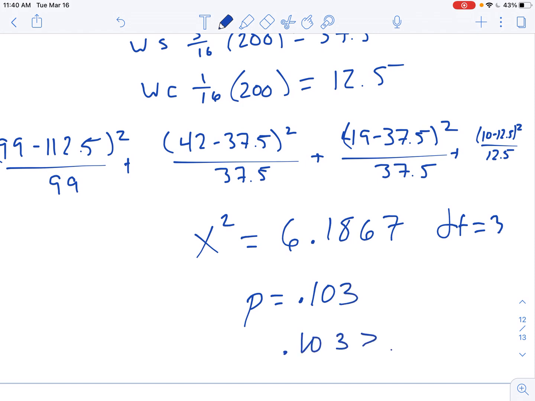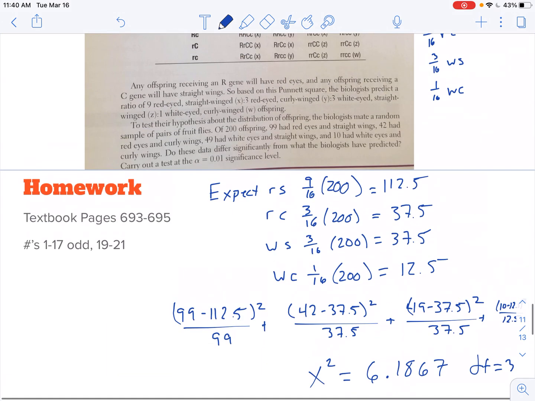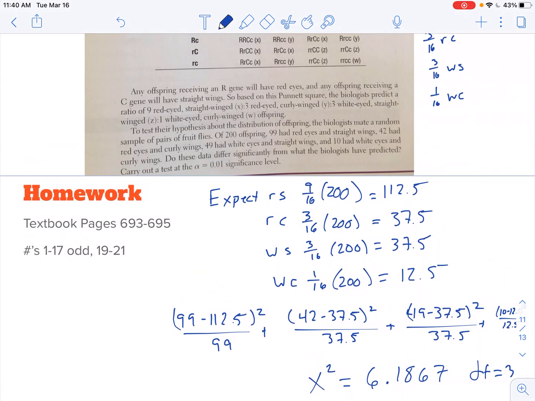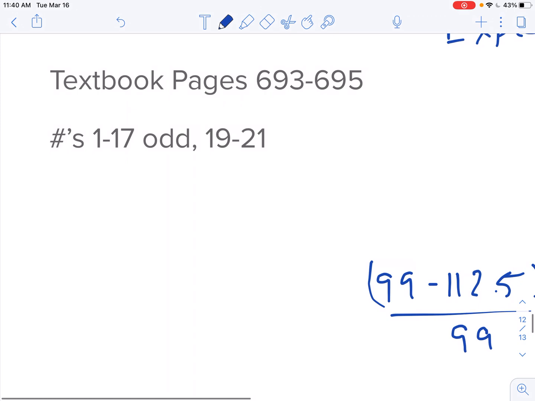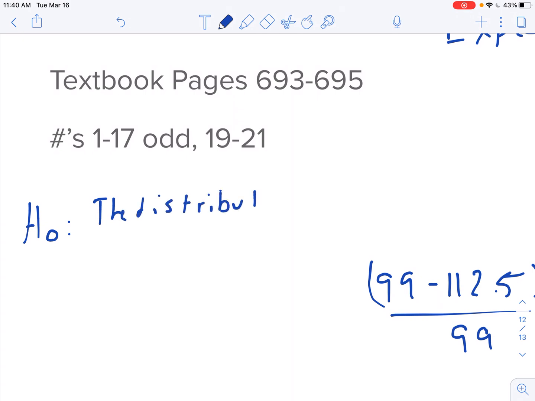0.103 is greater than 0.01. I guess I should have stated my hypothesis and my alternative hypothesis. So my null hypothesis is that the distribution according to the Punnett square is correct.